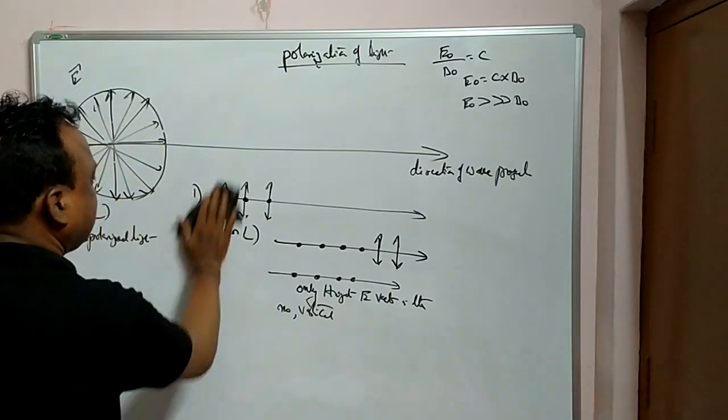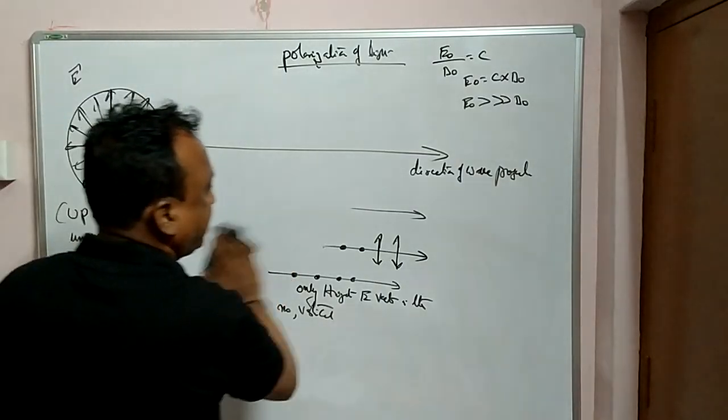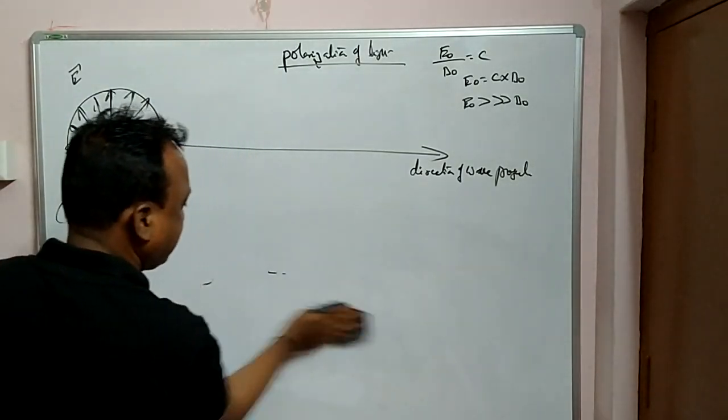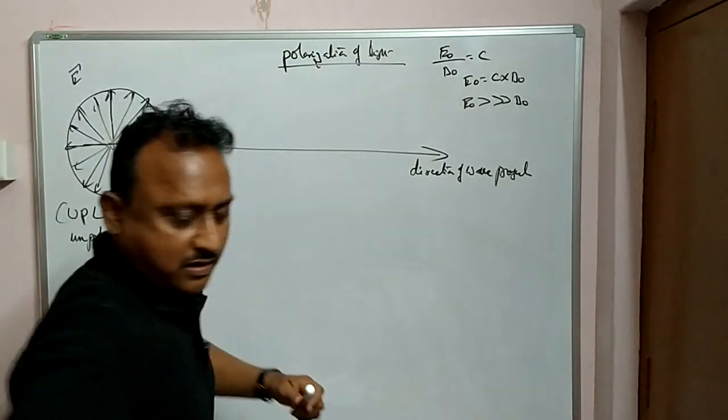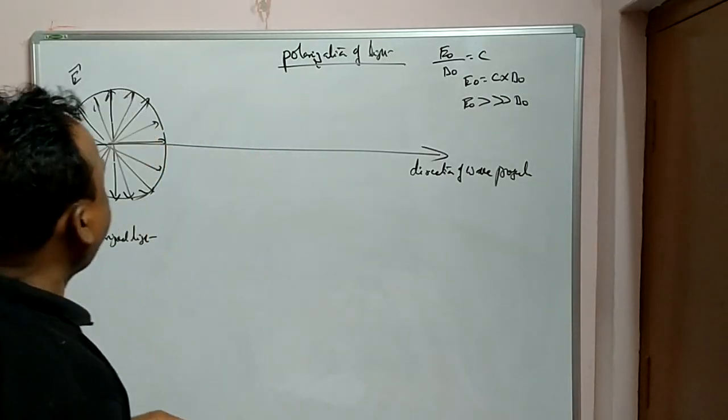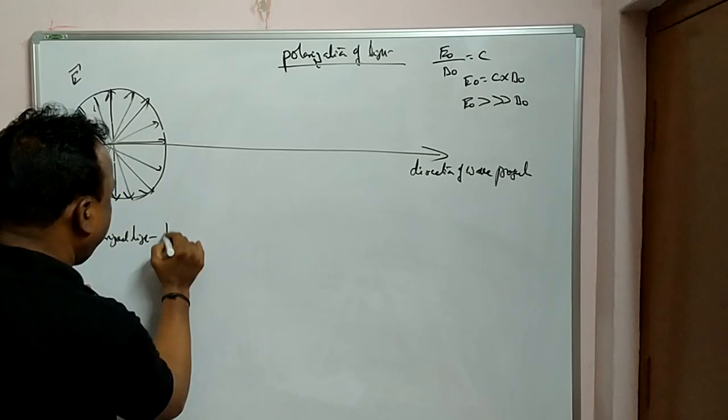Clear? Right. Now we will do some experiments on how the light is polarized, by using some polarizers. Now we have some polarizers or polaroids.